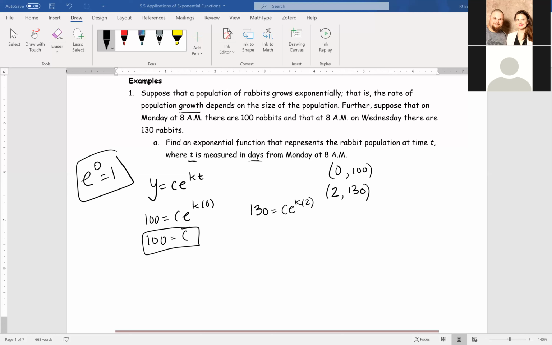So we can come over here now and we can substitute c. Divide by 100 on both sides. We can easily drop a 0 there. And then obviously these are gone. So we have e to the 2k is now equal to 13/10. To get rid of e, we need to take the natural log of both sides.